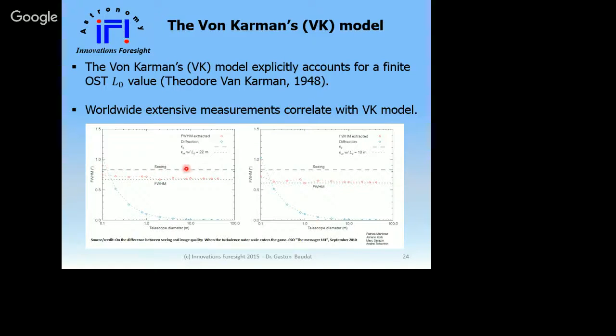This is the seeing expected from the Kolmogorov model. And they know this from seeing monitors. So they monitor the seeing with special devices, and they infer the FWHM from the R0, basically coming from those monitors. Here you see what the VK model predicts, which is quite a bit smaller when the L0 is 22 meters.